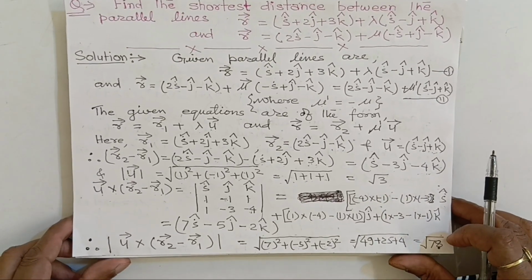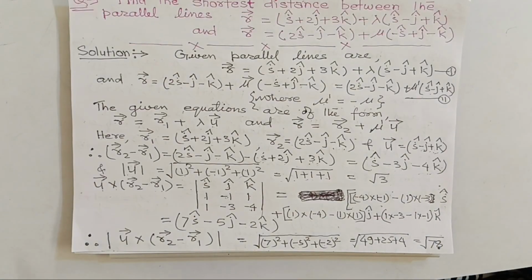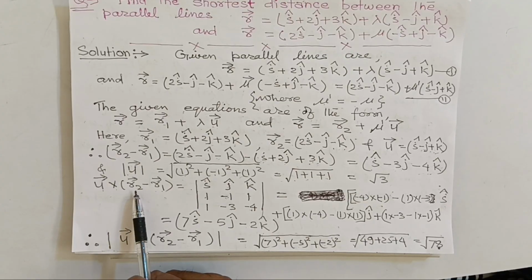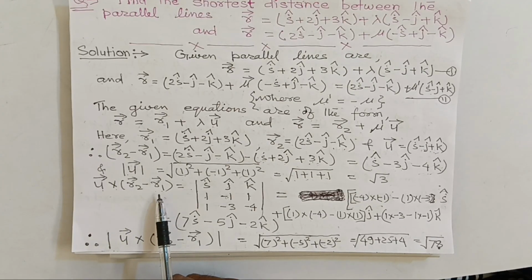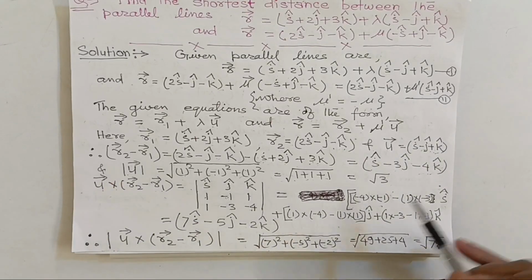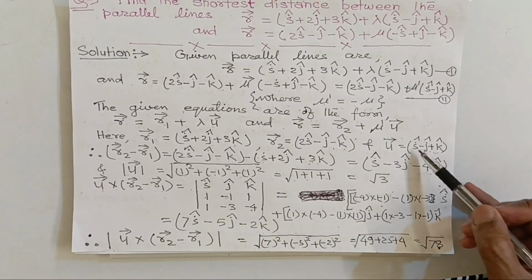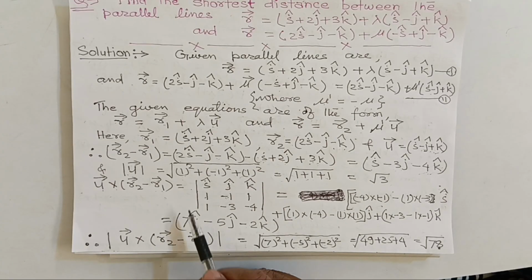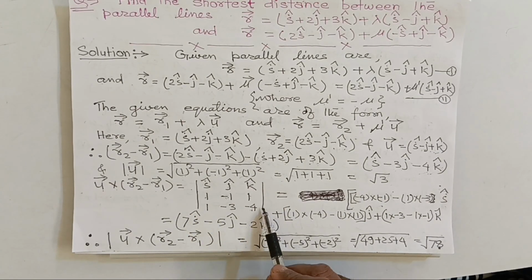Now, vector u cross vector r2 minus r1. It is in determinant form.